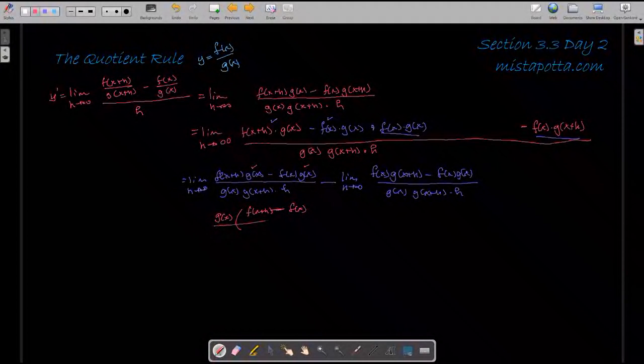And this is all over a common denominator of g of x times g of x plus h times h, the limit as h approaches 0.